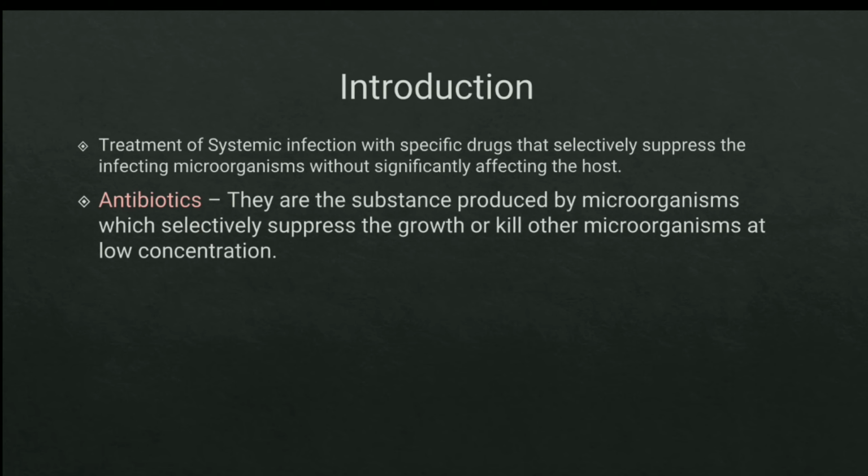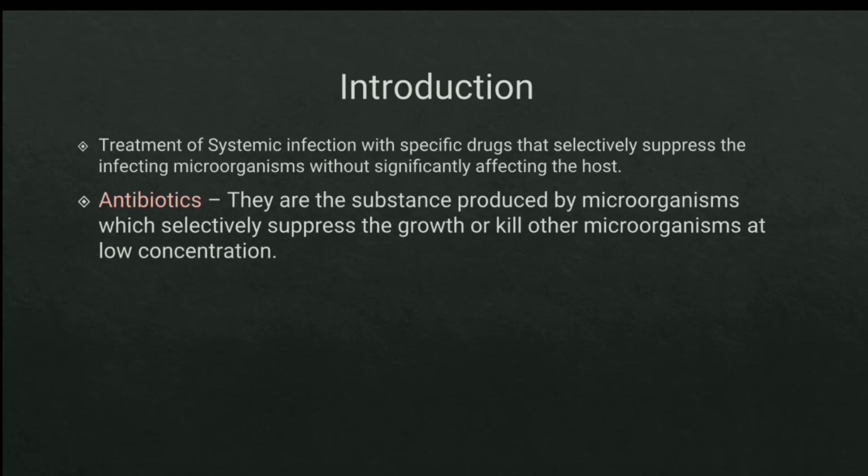After that we have antibiotics, which are substances produced by microorganisms which selectively suppress the growth of or kill other microorganisms at low concentration. So an antibiotic is a product which is secreted by microorganisms. If you see, biotics means living organisms.